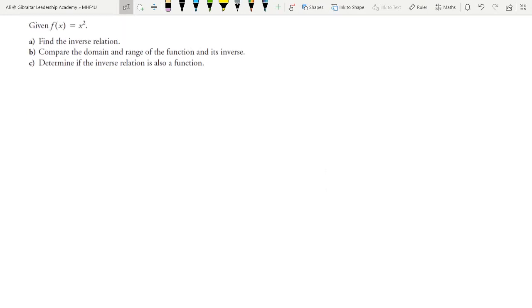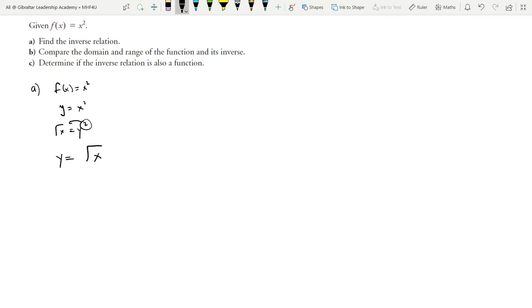Let's go to our second example. You're given f of x is equal to x squared. Find the inverse relation. So let's look at A. To find the inverse to f of x, I'm just going to rewrite it as y equals x squared. We switch x and y, so it becomes x equals y squared. In order to isolate y, I'm going to take the square to the other side as a square root. So that would be y is equal to the square root of x.